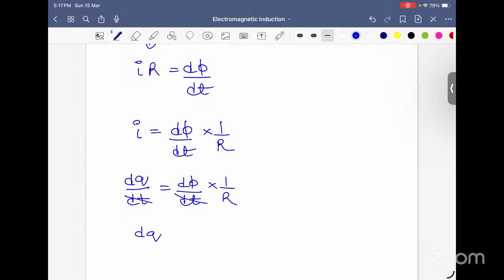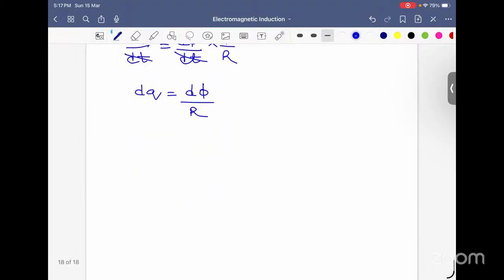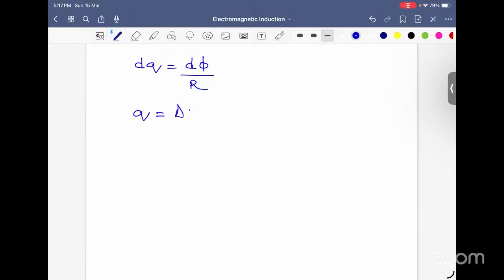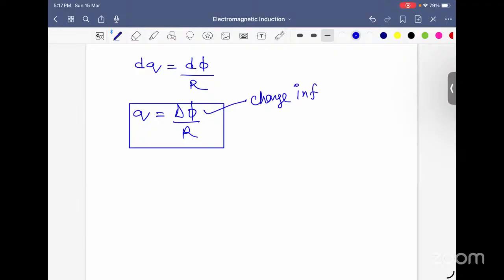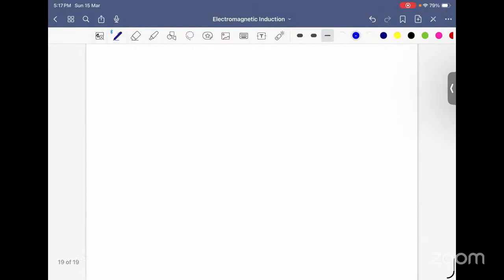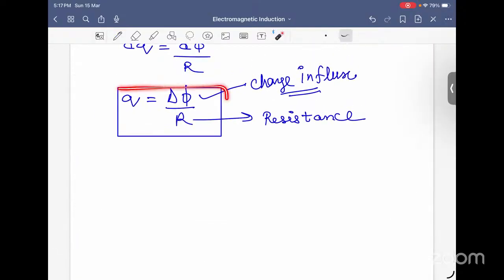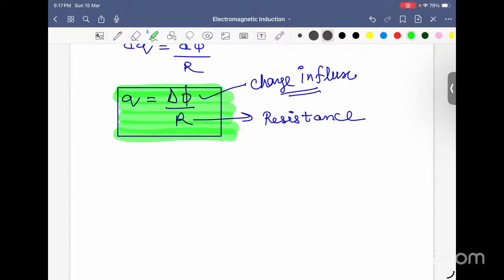So dq equals d phi by R, and we get Q equals del phi by R. Here del phi is the change in flux and R is the resistance. So this is our required representation.